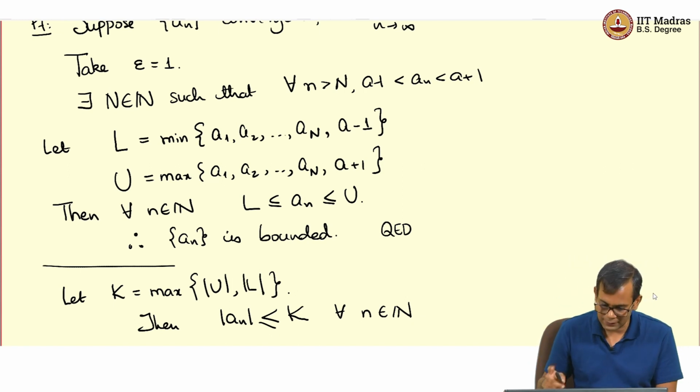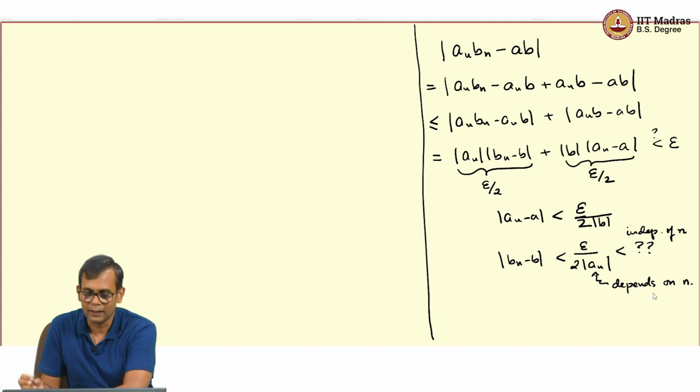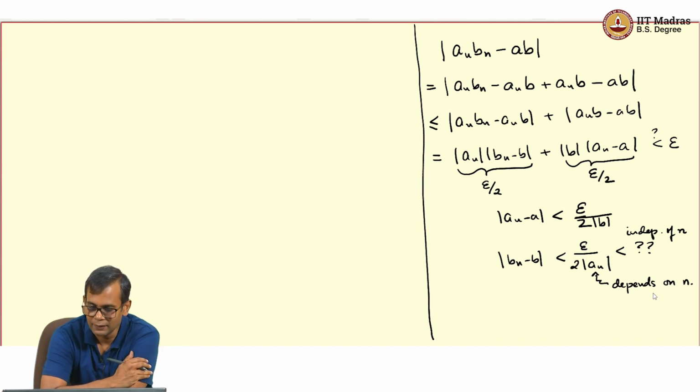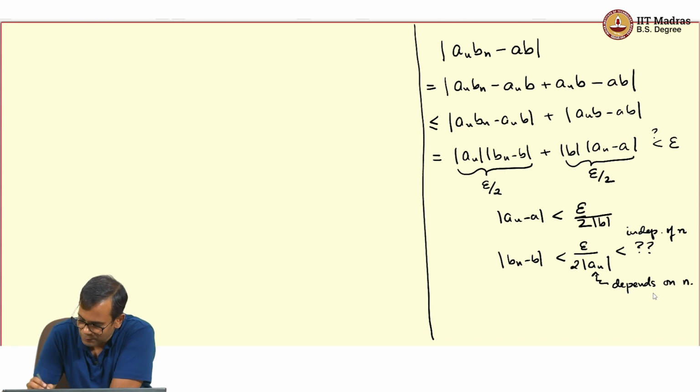Okay, so with this little bit of preparation, let us go back to our proof that the sequence a_n b_n converges to ab. Let us see, where was the problem? The problem was that we have this first term which has the absolute value of a_n coming outside, and we want to upper bound this thing.